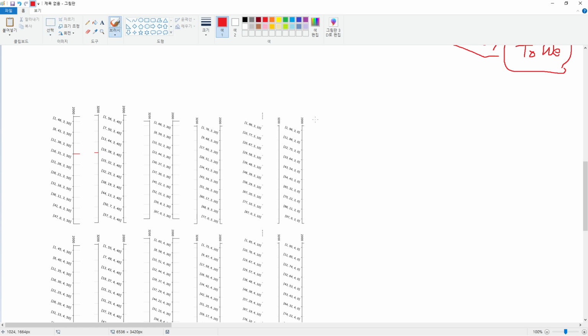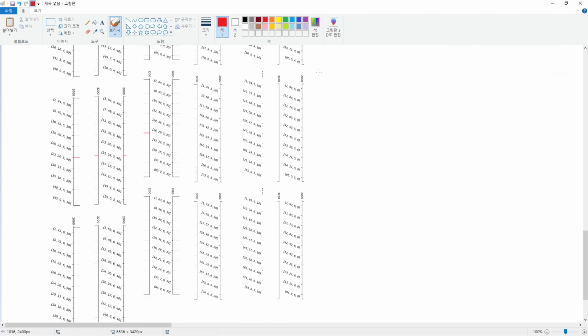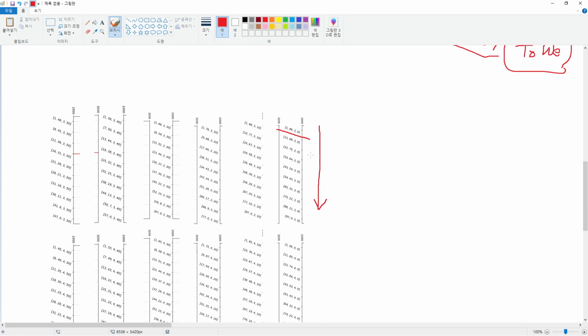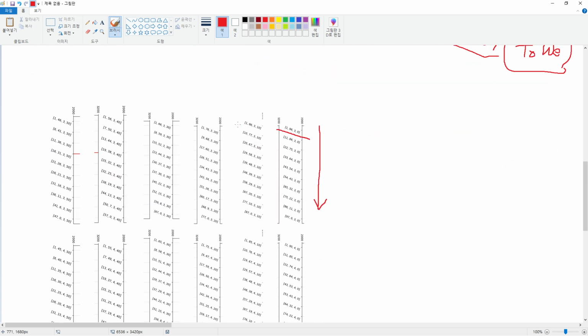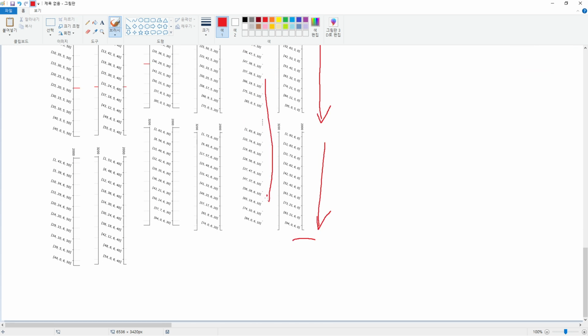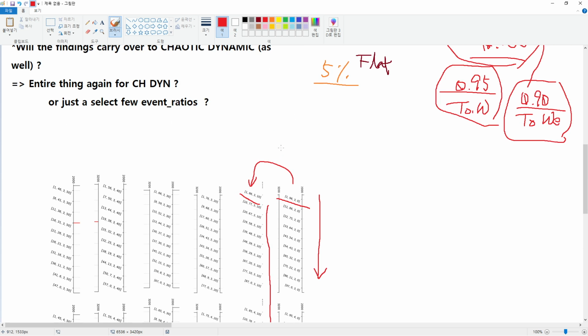We're starting from here, this one, and then we go down, down, down, and then when we're at the end right here, we go back up to this one, and then we start from here, and then we go down. So you get the point.